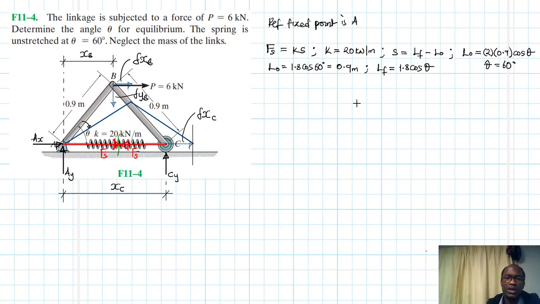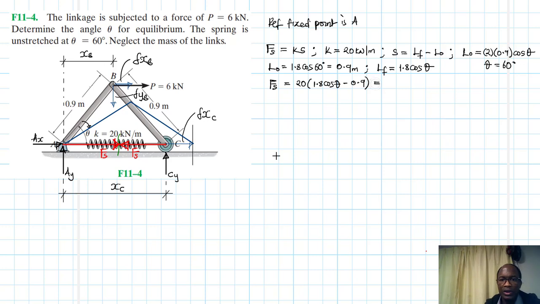We don't know what that stretch is. Therefore our Fs is equal to 20 times (1.8 cos theta minus 0.9).